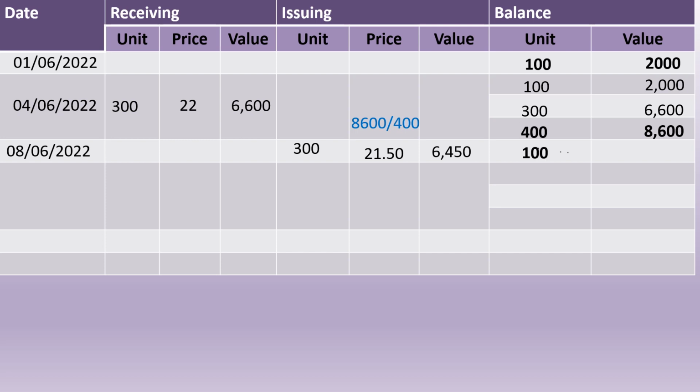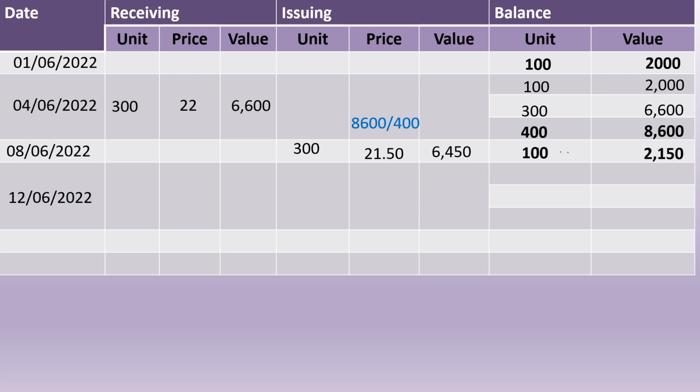So the ultimate unit value would be 100. To get the inventory value, we are going to deduct 6,450 from 8,600. So the remaining balance on 8th June is 2,150. Now let's move on to the next transaction.